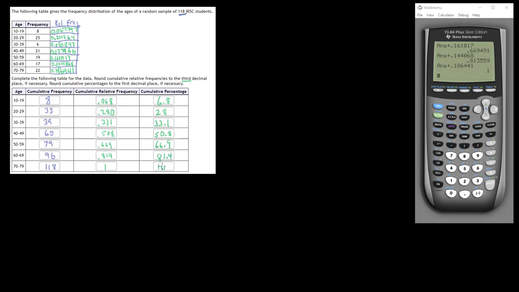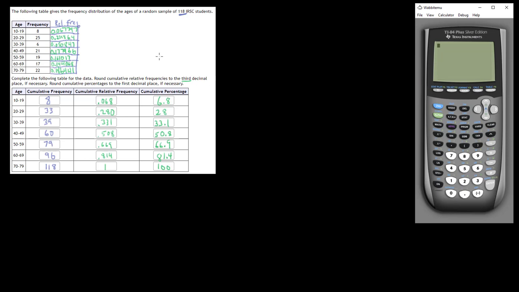And then 1, don't let it trip you up, it's 100%. So here we have calculated the cumulative percentages by simply multiplying each of these entries by 100 to go from cumulative relative frequencies to cumulative percentages.